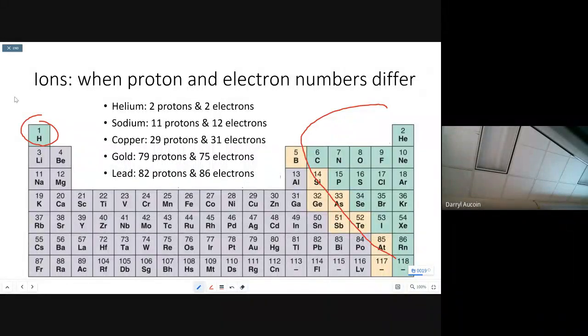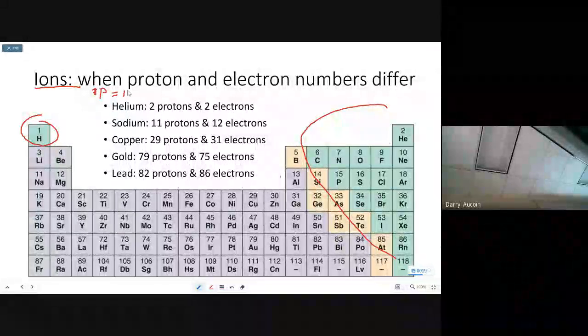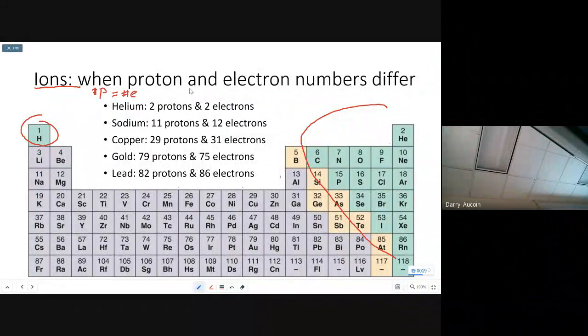And we mentioned a little bit before this concept of ions, which are elements that basically have different numbers of protons and electrons. Normally your atomic number, your proton number, is about equal to your number of electrons. Protons have a plus charge, electrons have a negative charge.